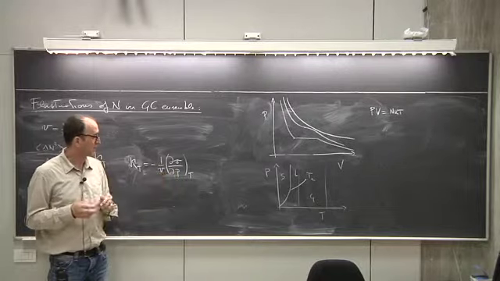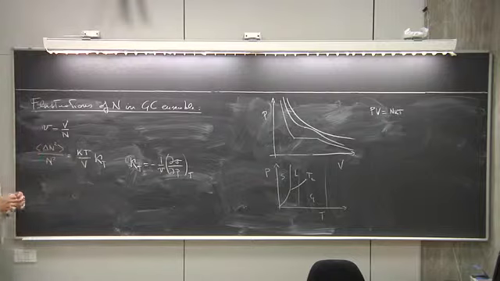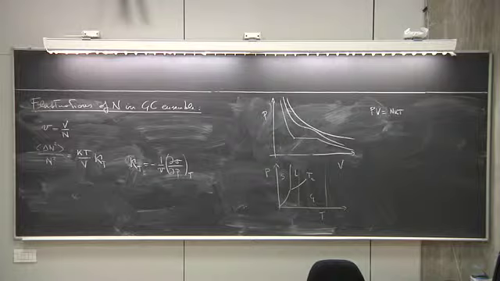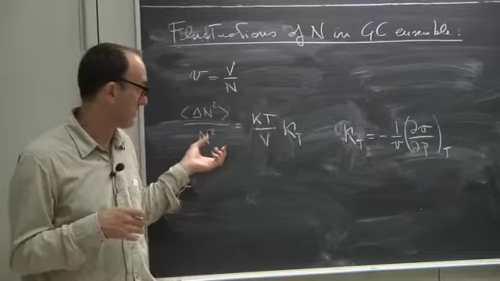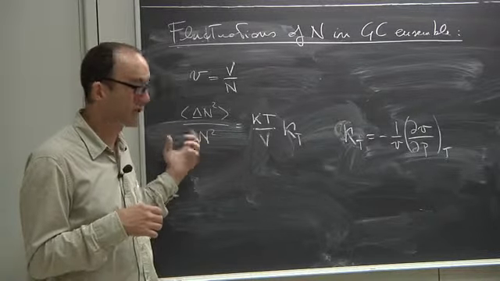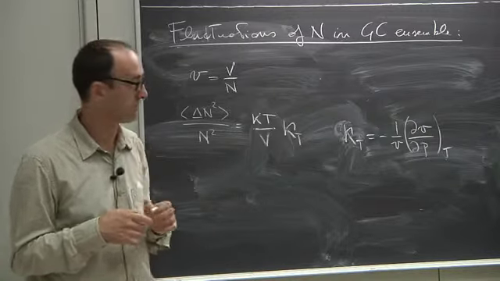So if you want to discuss phase transitions, you cannot use a canonical ensemble, because the fluctuation in the number of particles of your system becomes large, and then you need to use the grand canonical ensemble.